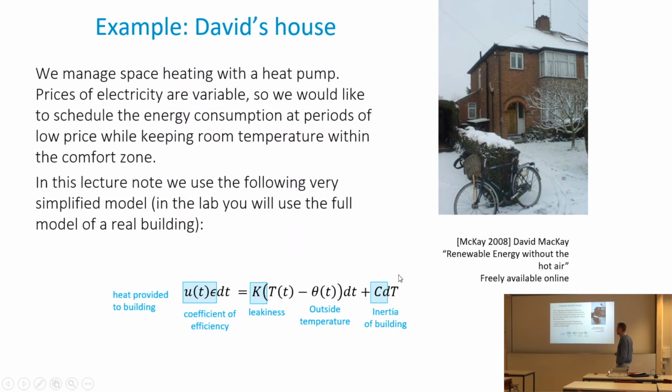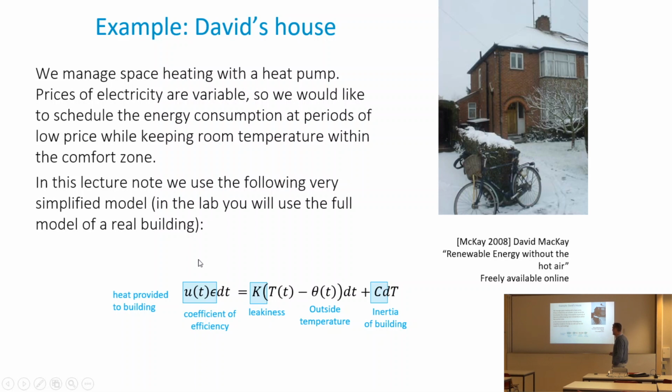One is for increasing the room temperature by a coefficient that has to do with the inertia, depending on how thick the walls are. In David's house, the walls are not very thick. They are brick walls. If you have a Vaudoise type of house with very thick stone walls, then the inertia will be much larger, so the C will be much smaller.